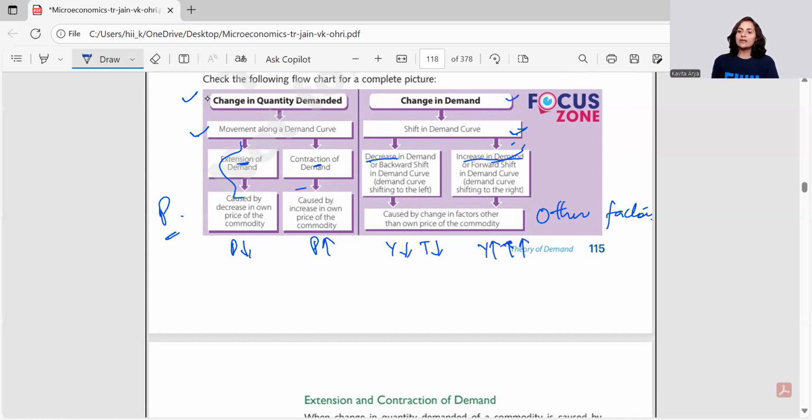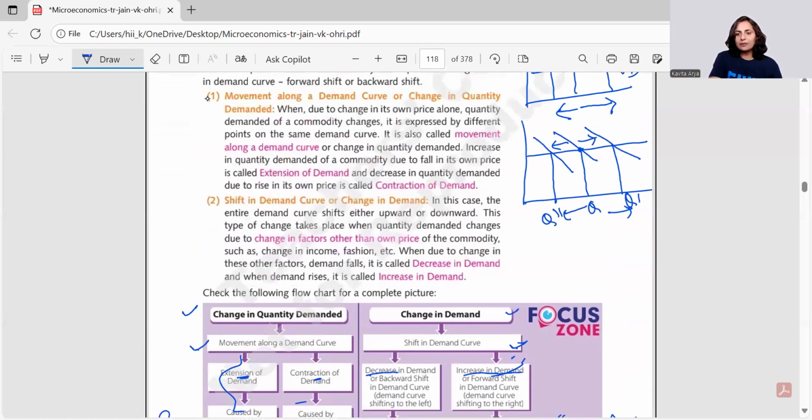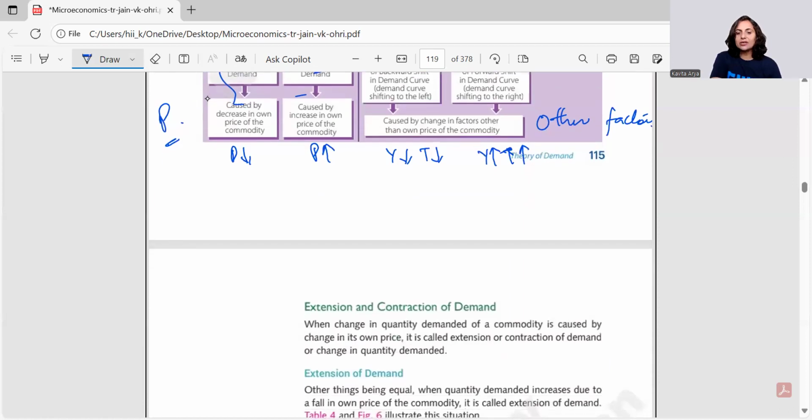So when you are giving such a table, only the addition of one schedule and curve would suffice for good 4-marker difference, right? The diagram has already been made here. So change means we make this type of diagram where two demand curves are there. It's only a matter of labeling.